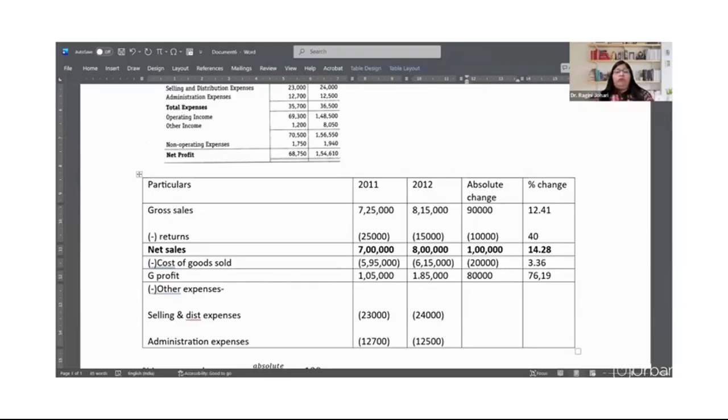For selling and distribution expenses, the absolute change is how much? 1,000. This is 1,000 because this has to be subtracted. Therefore, I am putting it in brackets. And the percentage change, that is 1,000 upon 23,000. This comes to 4.34.